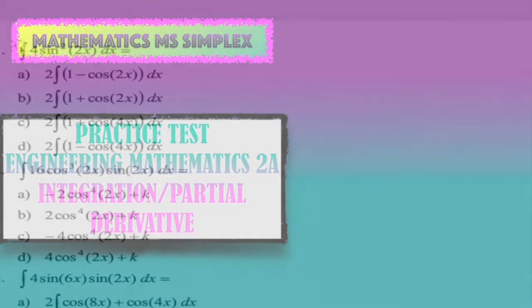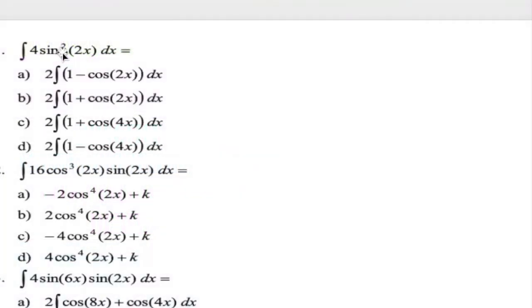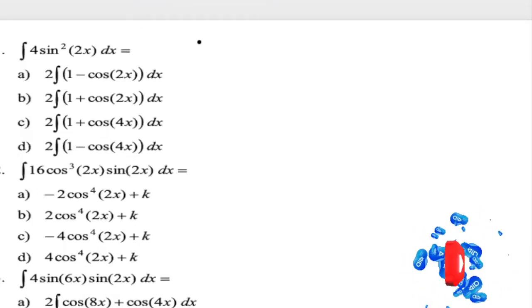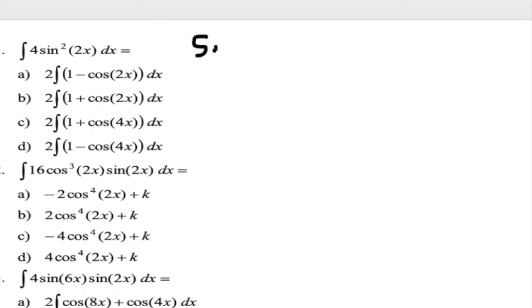Let's get started. Integrate 4 sine squared 2x dx. Now, to integrate this, we will have to use the identity sine squared A is equal to a half (1 minus cos 2A).